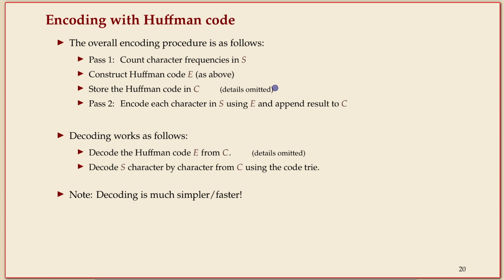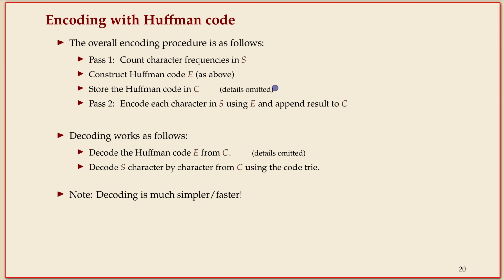Now, we'll not discuss how to do that in a smart way. It leads us too far. A simple way would be to just write down all the code words for the symbols in alphabetic order. It's not impossible, but you also have to say how long they are. There are slightly smarter ways using the tree structure, but we'll never do that in detail. So you don't need to worry about that for now.